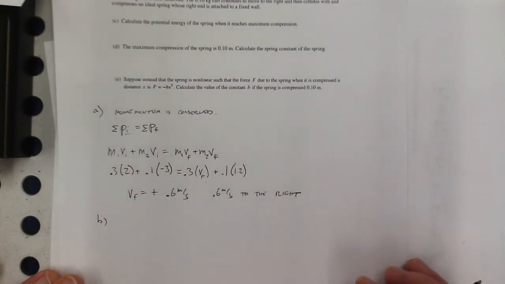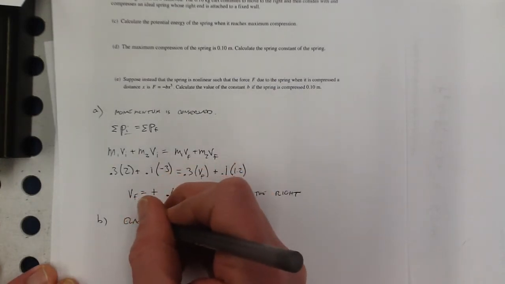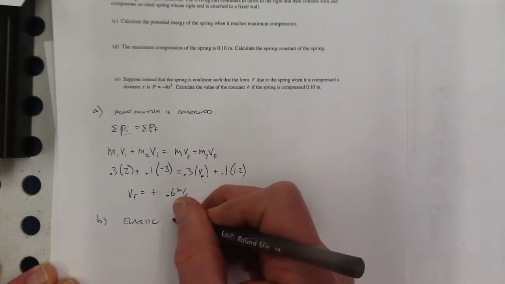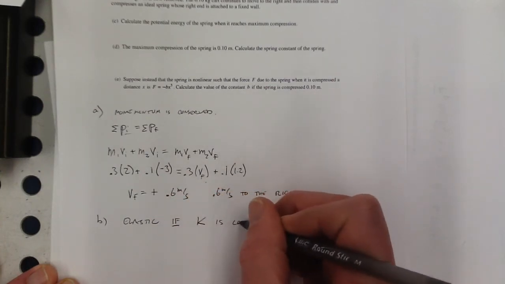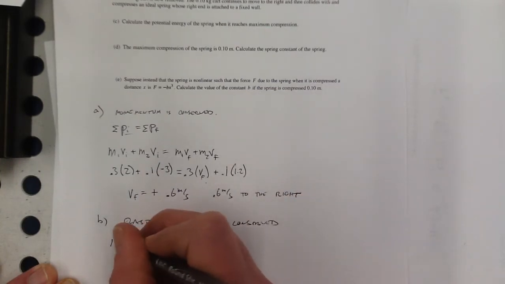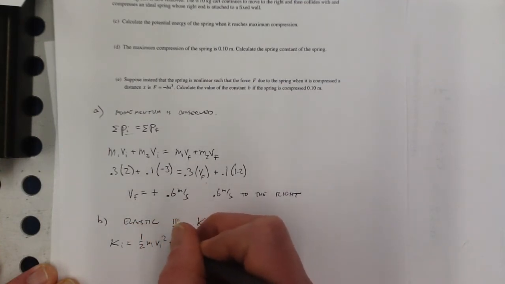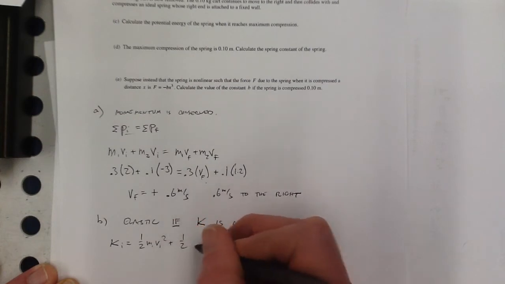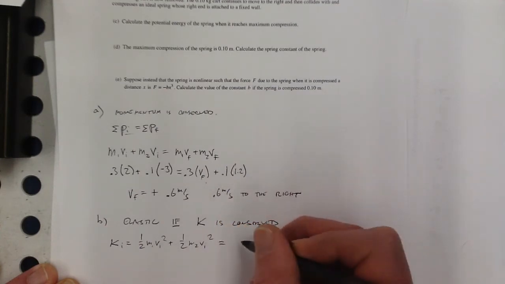Is this an elastic collision? Well, it's an elastic collision if kinetic energy is conserved. So let's just find the kinetic energy. The initial kinetic energy is 1/2 m1 v initial squared plus 1/2 m2 v initial squared.